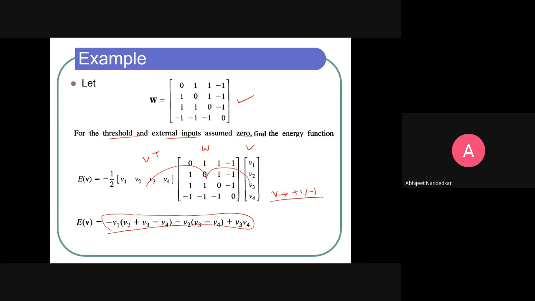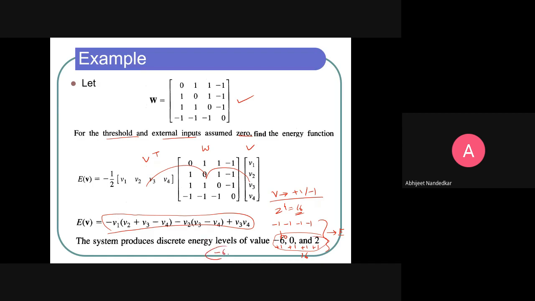There are 4 bits, that means 2 to the power 4, 16 possible states in this machine. For each combination of V, from -1, -1, -1, -1 to +1, +1, +1, +1, we find the energy. In this case, the energies were -6, 0, and 2. So the minimum possible energy in this network is -6.